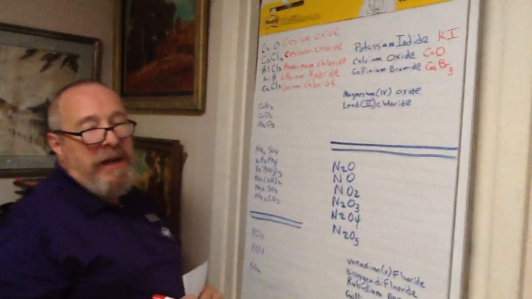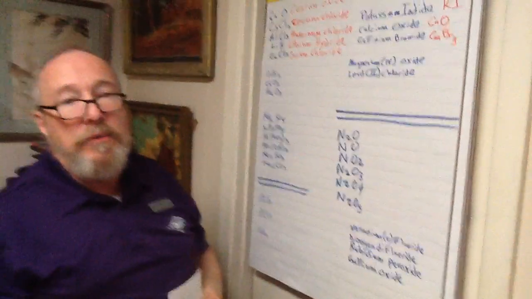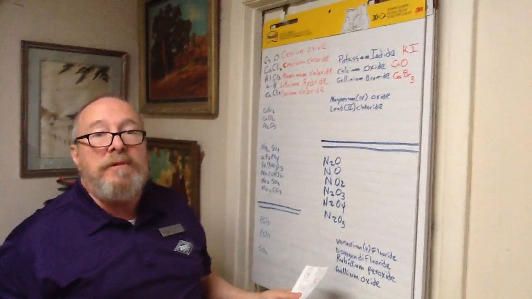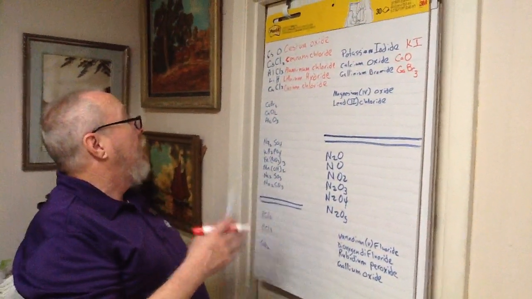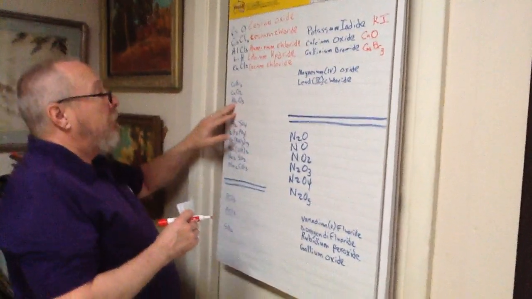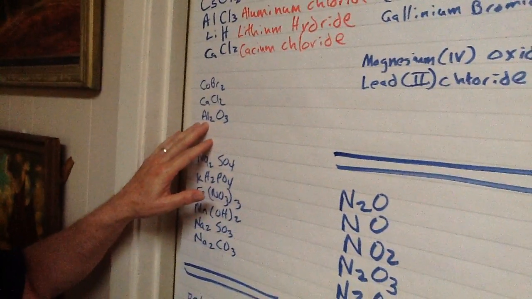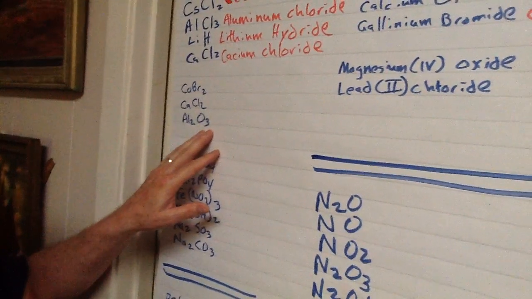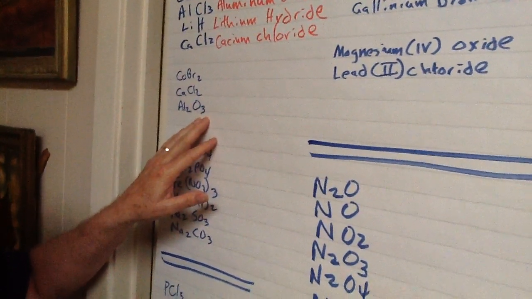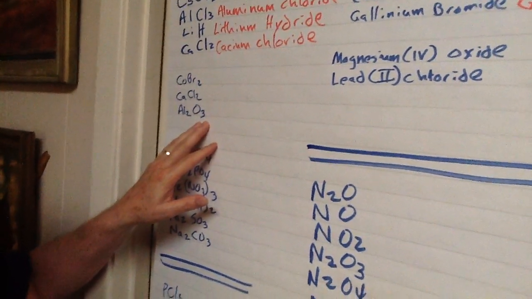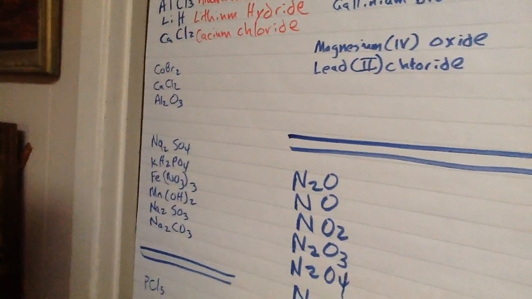The biggest challenge is always things like aluminum oxide. That's as hard as it gets. Aluminum with its plus 3 and oxygen with its minus 2. Uh-oh, what do? Aluminum's plus 3, oxygen's minus 2. 2 and 3 don't fit together real well. What do?